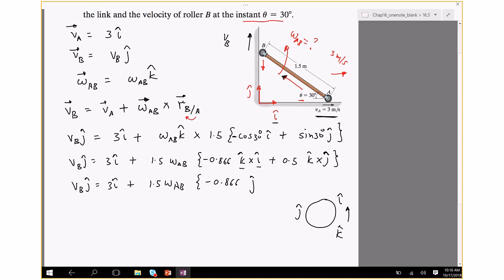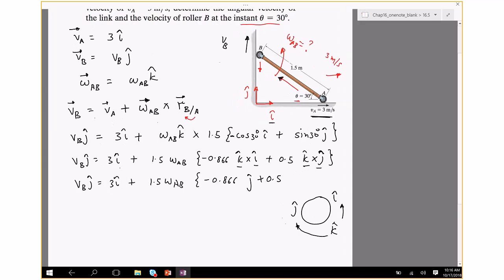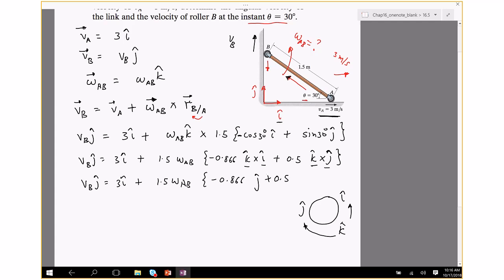Similarly, if I want to find k cross j, going from k to j, I need to go clockwise. If I have to go clockwise, I always put a negative sign. So this will be negative i.